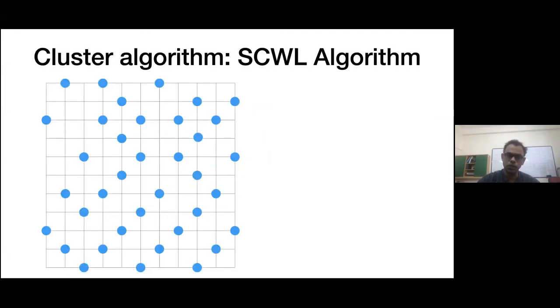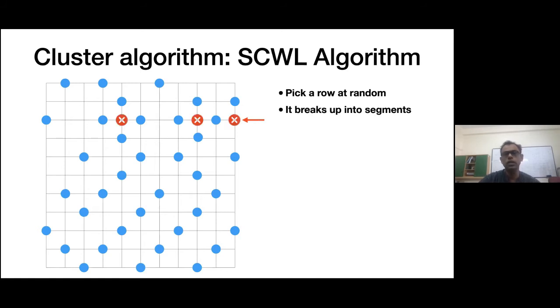So the algorithm that we are proposing is that you have a particular configuration of particles, denoted by these blue particles. You pick a row at random, that is the third row. You first identify what sites in this row are disallowed from occupation due to particles in the neighboring rows.